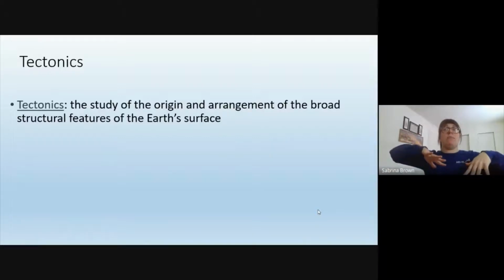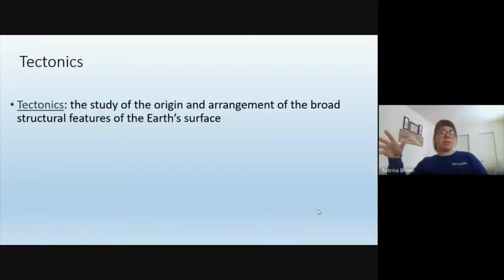And planetary tectonologists, people who study tectonics of other planets using imagery or probe data, do the same thing. They try to study the origin and arrangement of the structural features. How did these features on the moon form? How did these features on Mars form, et cetera, et cetera.